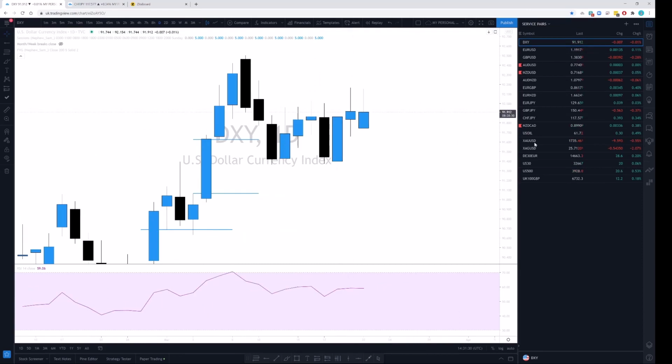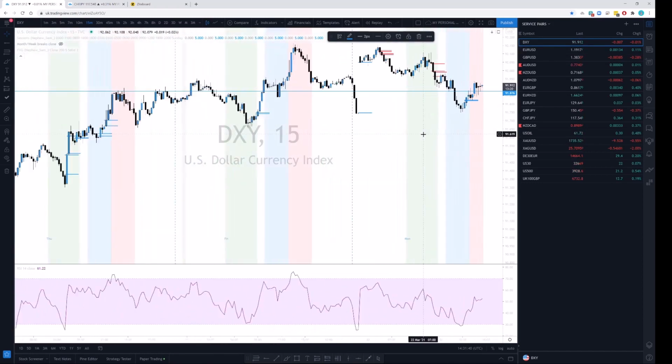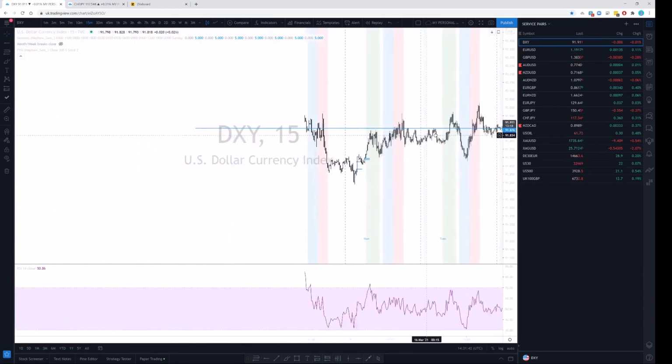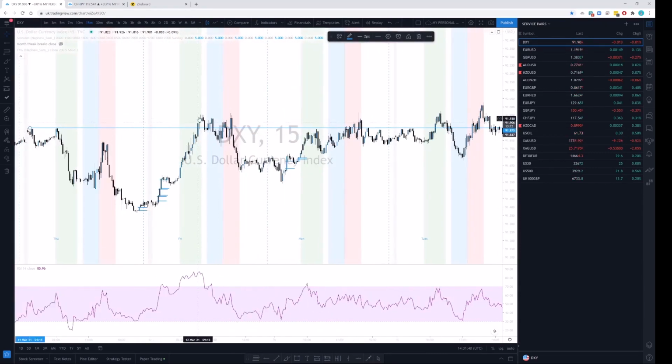But look at the condition that we are in right now. Notice that it goes above this high and then rejects inside the lower time frame. Let's go back to the high here. Right, that's the previous day's high. It gets run there.